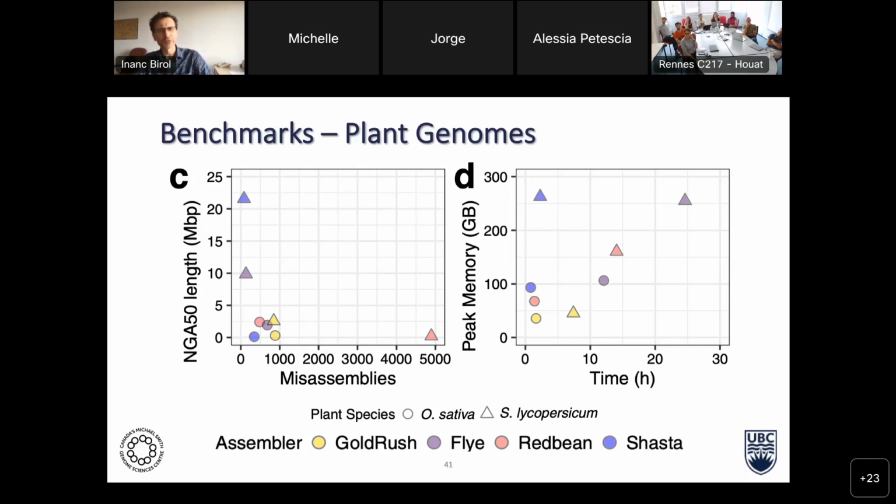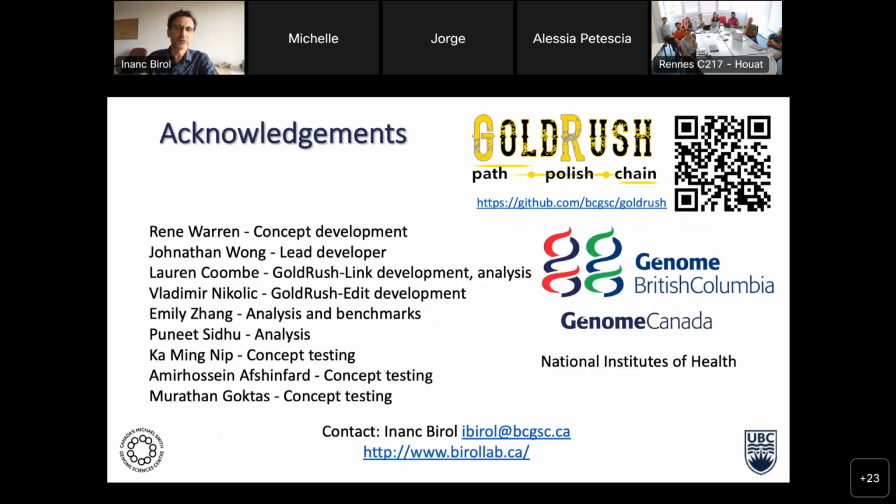And for peak memory usage, the GoldRush is sitting down below, and the time complexity is again scaling quite nicely.